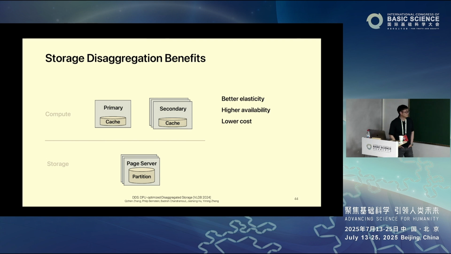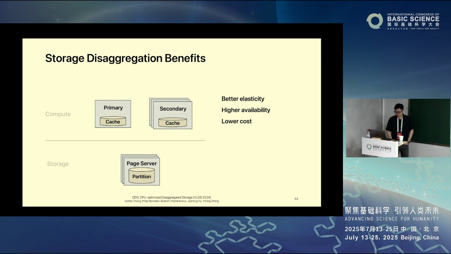Okay, so there are a few benefits of storage disaggregation. Better scalability and elasticity, because you can scale compute and storage independently. They are not in one server. If you want more compute, you just get more compute servers. If you want more storage, you get more storage servers, right? So it's more elastic.